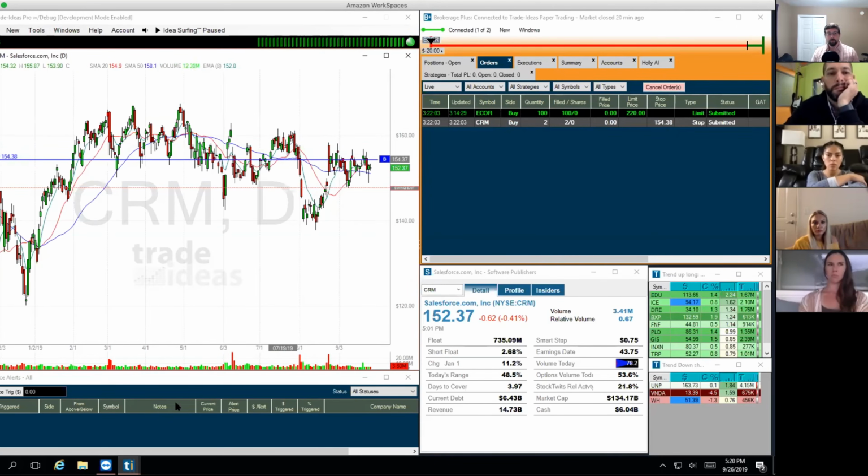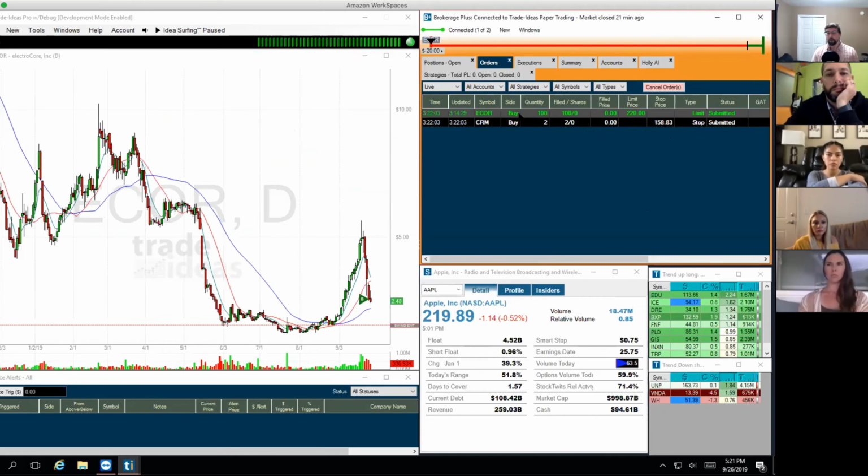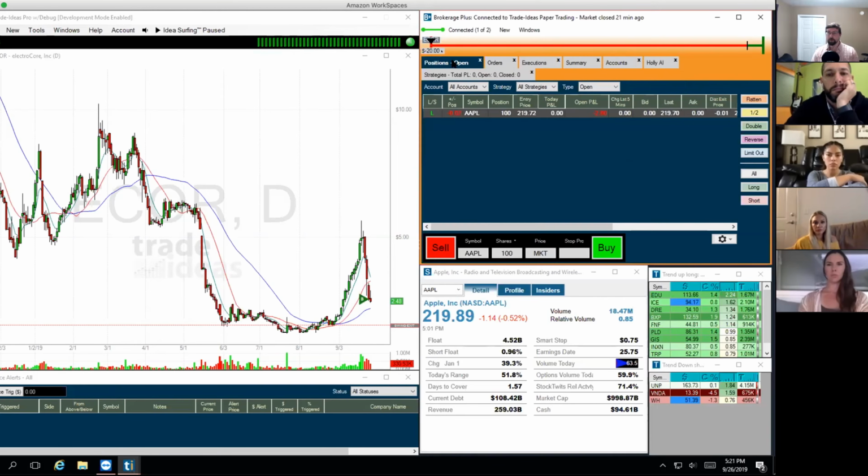It went from 154.38 here, and if I drag it up, it'll be 159 here. So you can move it on the chart, and that'll be important for stop losses that are going to happen in a second. I don't want this order here anymore, so I can just click cancel order, and the system will get rid of it.